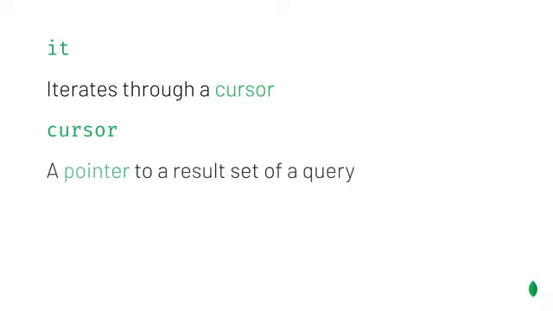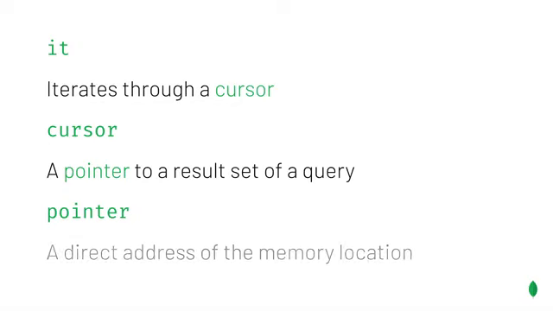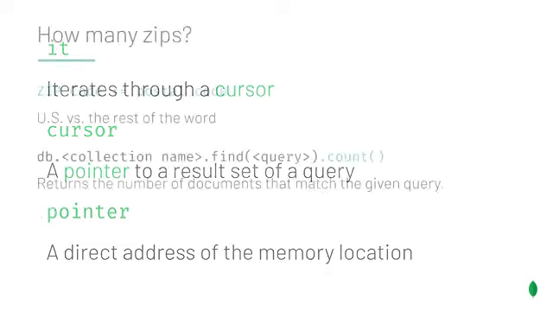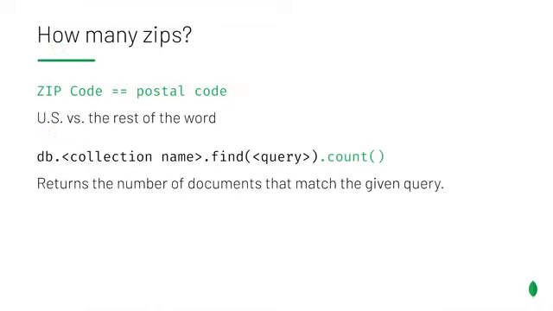This command allows us to iterate through the cursor, which is an object that the find command returns. Formally, a cursor is a pointer to the result set of a query. And just to make sure that we're all on the same page, a pointer is a direct address to the memory location.